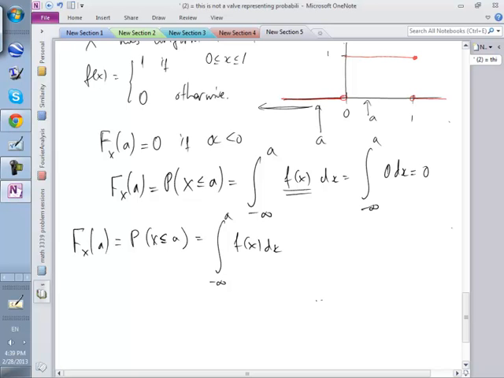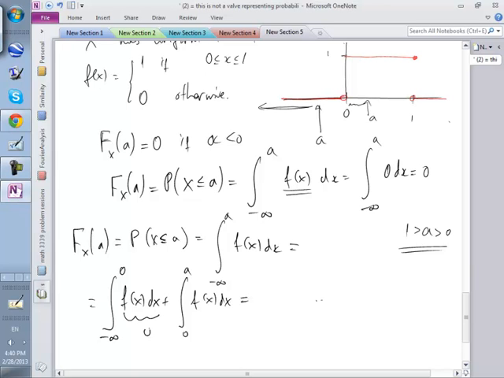But now we see that since a is between 0 and 1, for that part from 0 to a, the density takes the value 1. So I break the integral in two parts, from negative infinity to 0, and from 0 to a. This part is going to be 0.